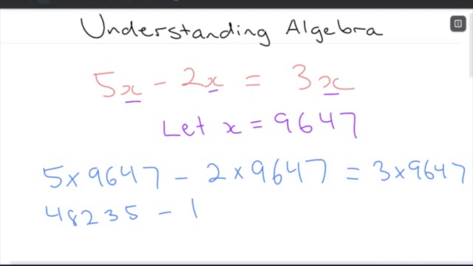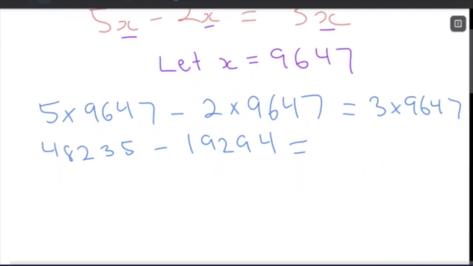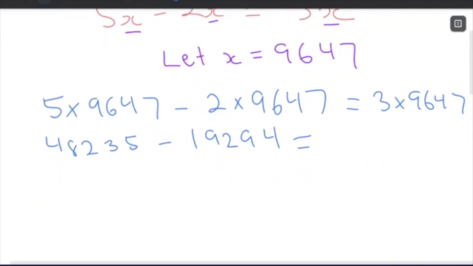And 2 lots of this number, I get 19,294. And let's perform this subtraction on the left-hand side. I will get 28,941. And if everything I've told you about algebra is correct, then this should be equal on both sides.